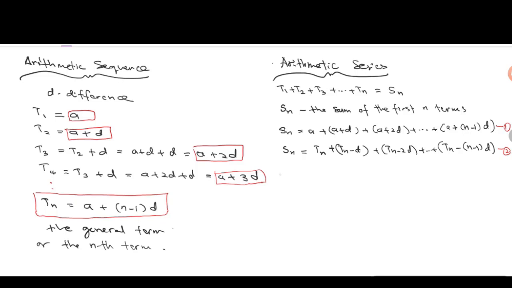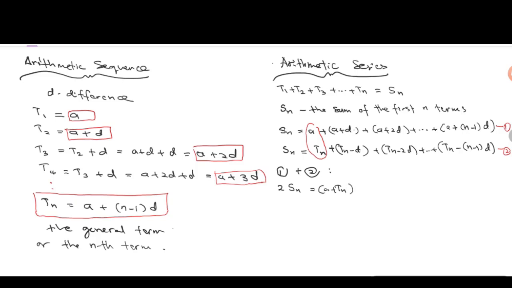If we add equation 1 plus equation 2, we will get 2S sub n on the left side. On the right side, we will add the terms one by one. If we add the first terms, we have A plus T sub n.